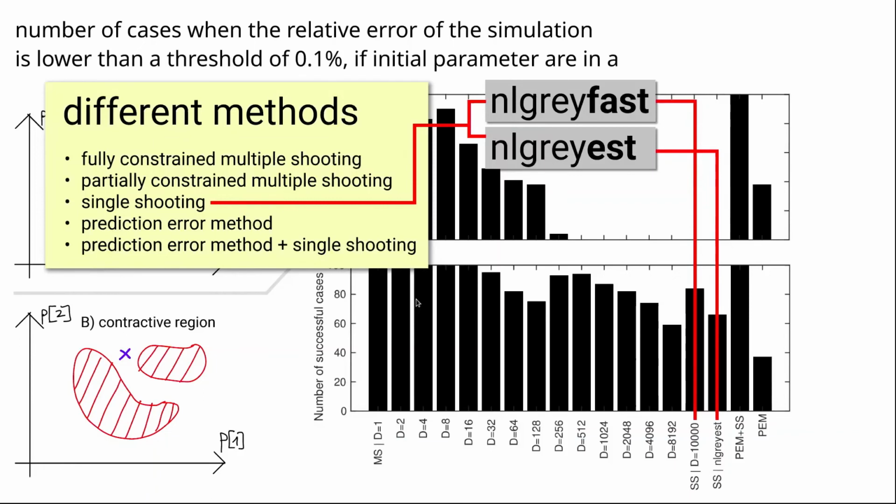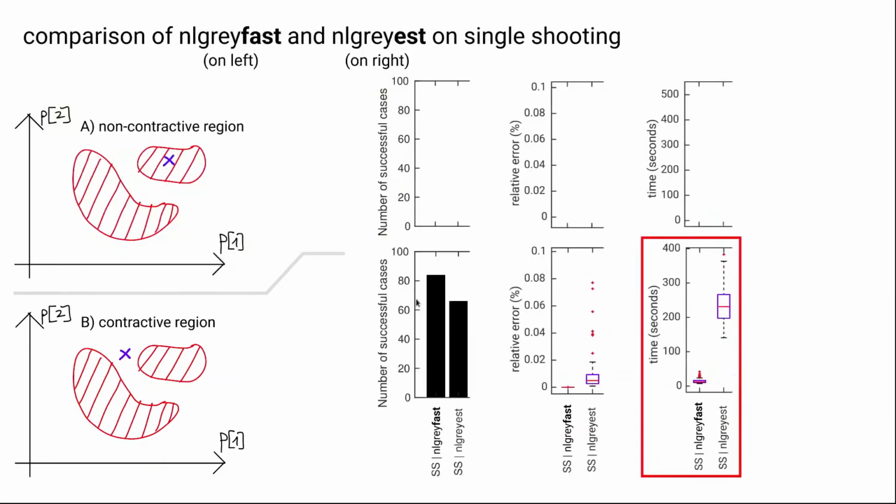So the nlgreyfast and nlgreyest, like our toolbox and that of MATLAB compared, and we see here that our nlgreyfast is able to provide good solutions within about an order of magnitude lower time.